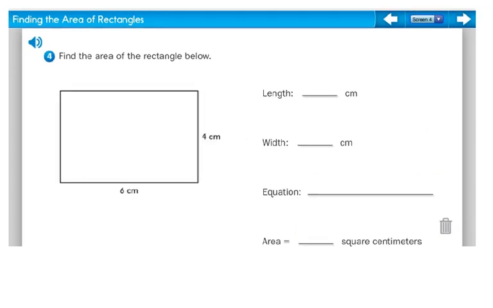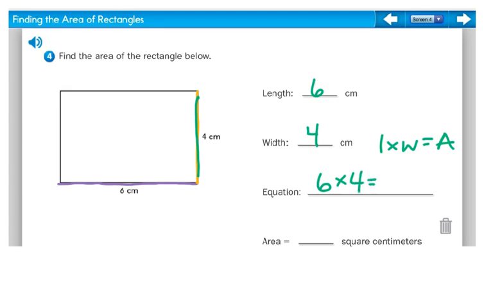Number 4, again, we do not have those individual little squares drawn, so we're going to take the length times the width. The length is 6 centimeters. The width is 4 centimeters. And we know the equation is length times width equals area. So the length is 6. The width is 4.